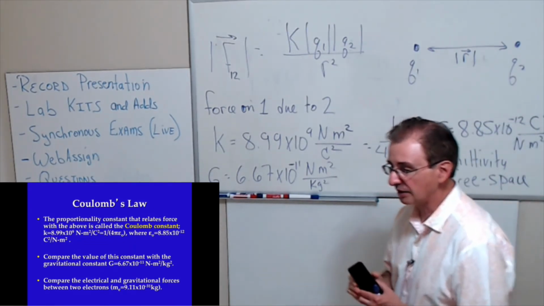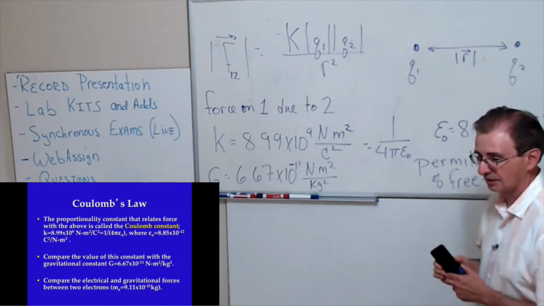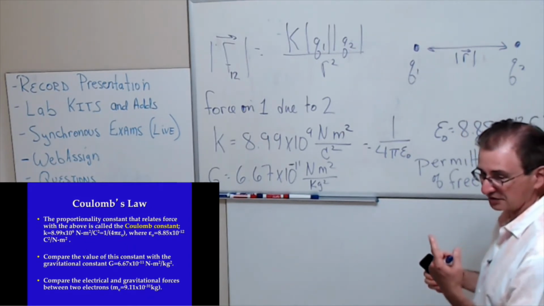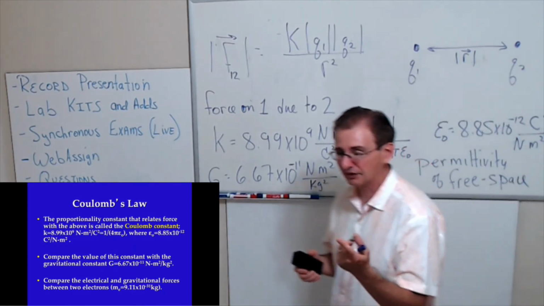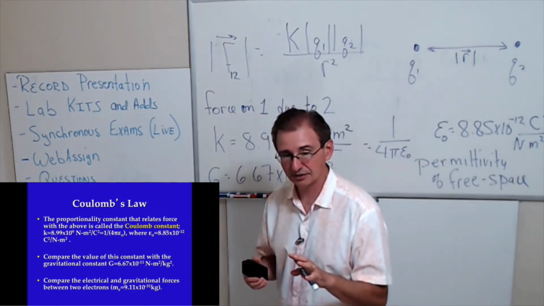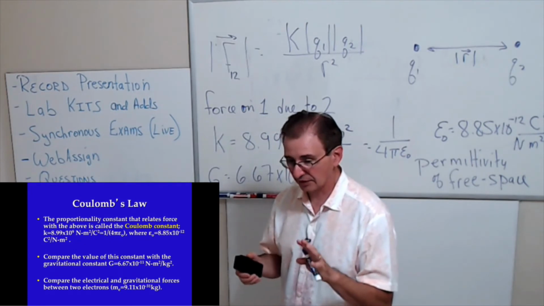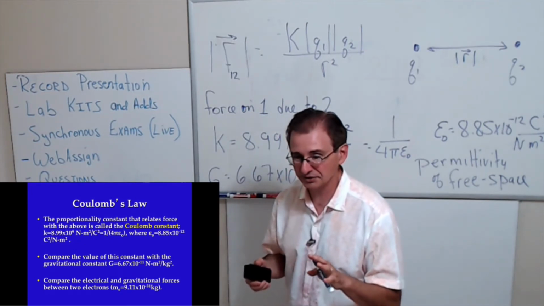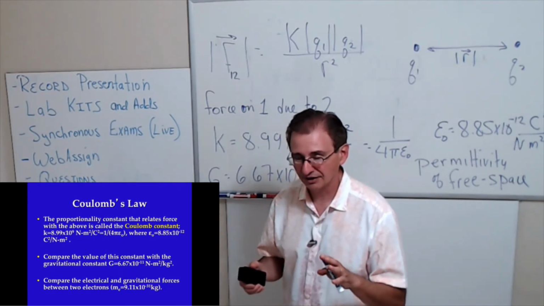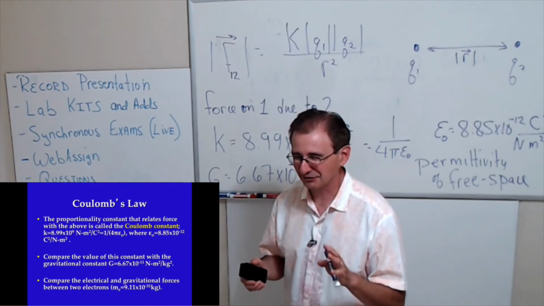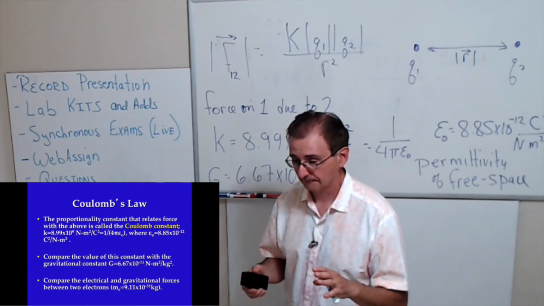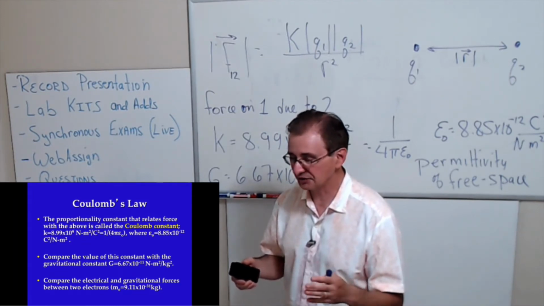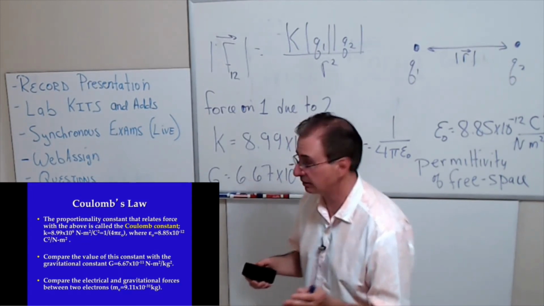Let me do one comparison. I want to look at the gravitational force between two electrons and the electric force between two electrons. Let's say I have two electrons that are a meter apart. The distance doesn't matter.